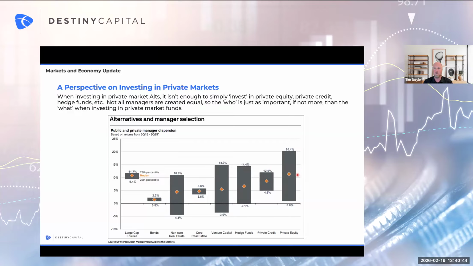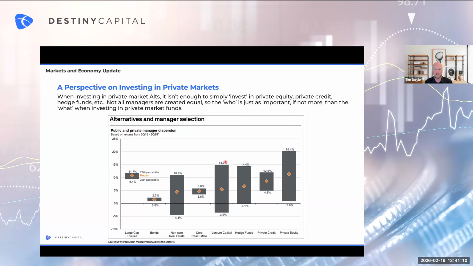What we're trying to get at is that in liquid public markets, manager selection isn't as crucial. When you're looking at private markets, at alternatives, it's not enough to simply say you invest in private equity or private credit. Hey, I've got an allocation of private credit and private equity and venture capital, I should be in great shape. It's who you invest with that's most important in these spaces.